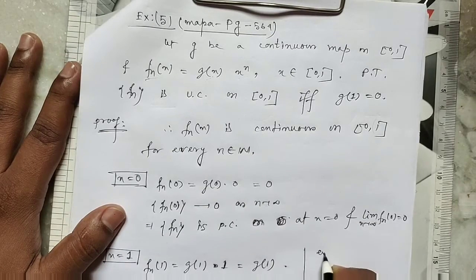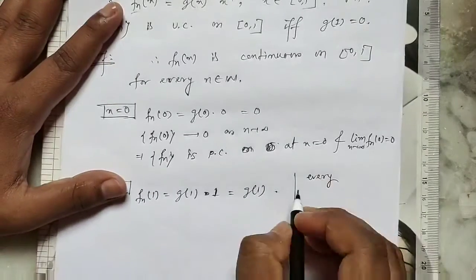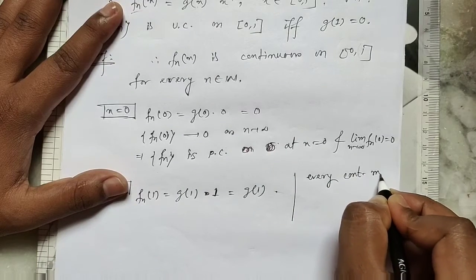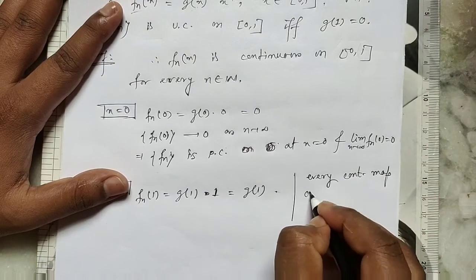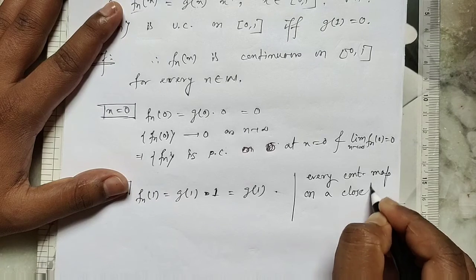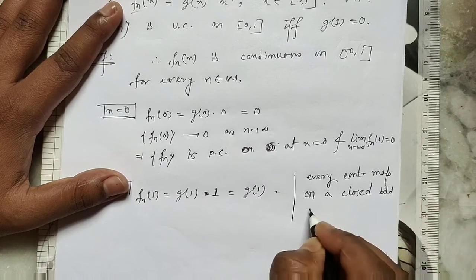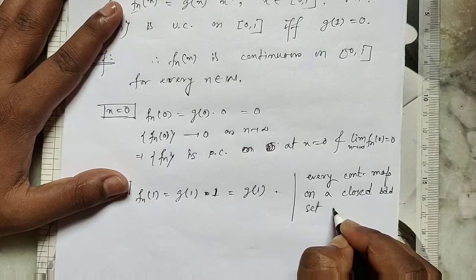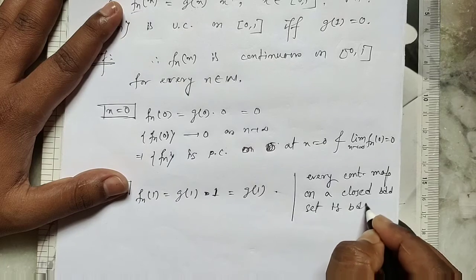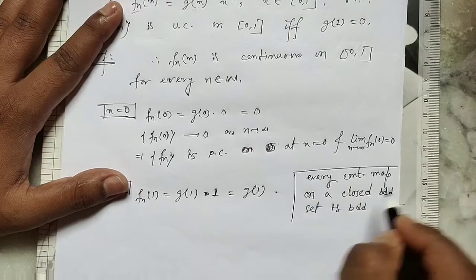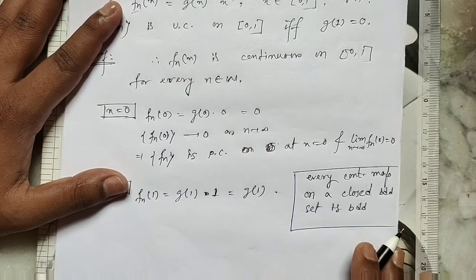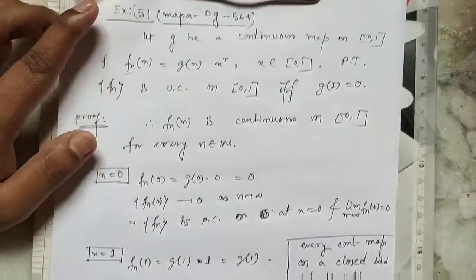The theorem is: every continuous map on a closed bounded set is bounded. Okay, every continuous map on a closed bounded set is bounded.